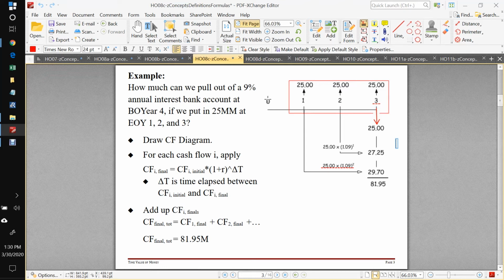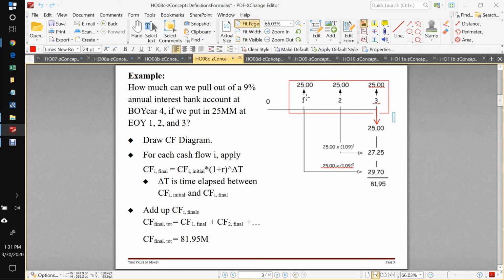So in this case, we're sitting here at t equals 0. We're going to get a cash flow in a year, we don't have it yet, of 25. We're going to get a cash flow in 2 years of 25, and we're going to get a cash flow in 3 years of 25. And the question is, how much money is going to be in our account a nanosecond after we get this cash flow of 25? Well, it's pretty straightforward.